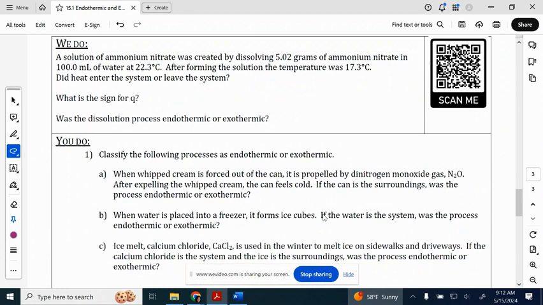So, solution of ammonium nitrate, we dissolve 5.02 grams of ammonium nitrate in water. It is at 22.3 degrees. When we form the solution, the temperature drops to 17.3. So my Q sign, is this going to be endothermic or exothermic? Temperature dropped. In the surroundings, the temperature dropped.